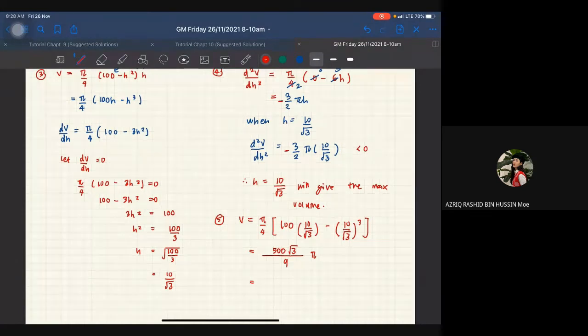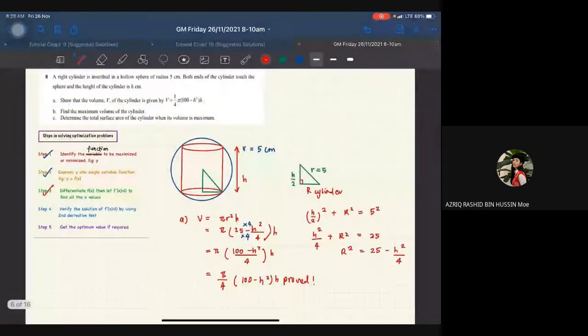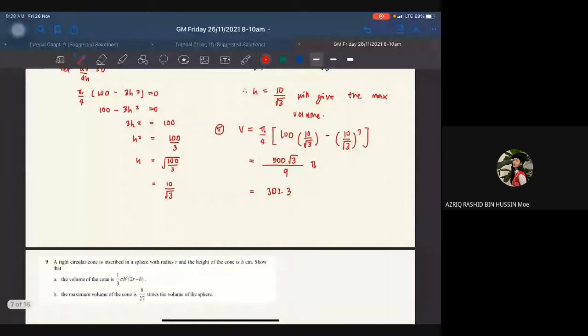Right. Untuk volume adalah dalam cm. Masuk pi ke miss? Oh, masuk pi tak? Tak masuk kan? Saya masuk pi sekali. Masuk pi okey je, tak apa. Okay, miss. So masuk pi boleh, tak nak masuk pun okey je. So this is the answer without pi.